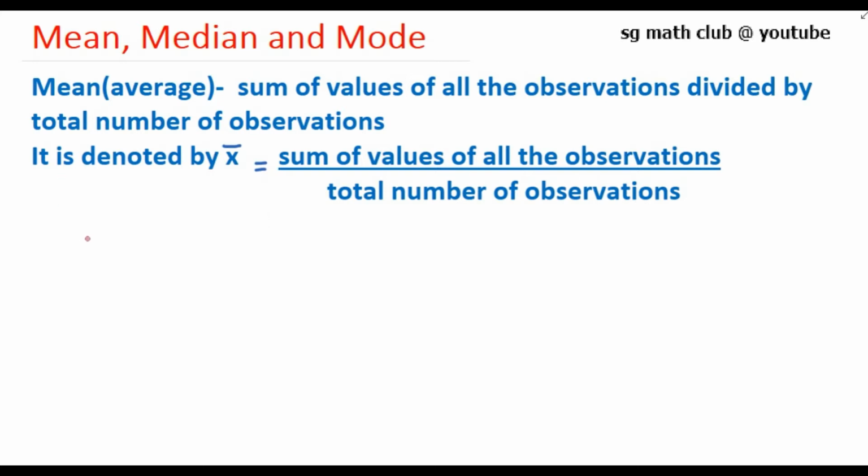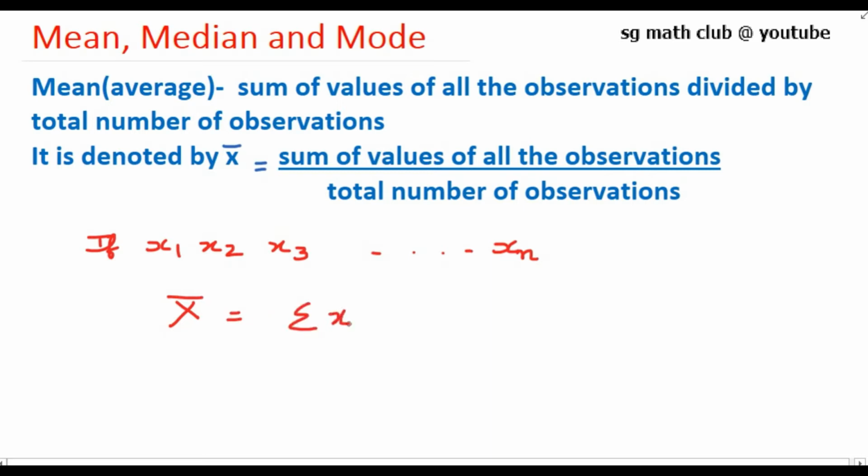Suppose x1, x2, x3, etc. total n observations are there, then I can write arithmetic mean x bar equal to sigma xi. This we call sigma, a notation for summation. I will take the values from 1 to n divided by n.